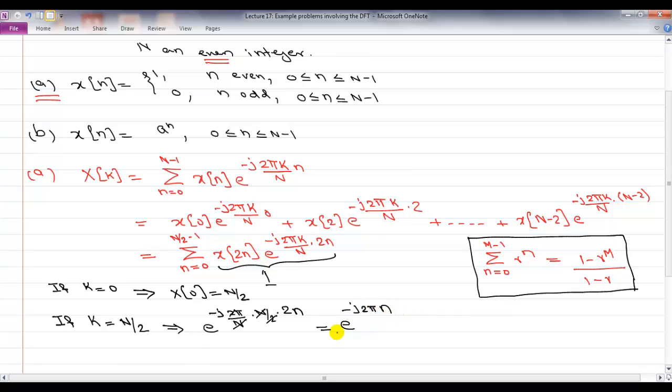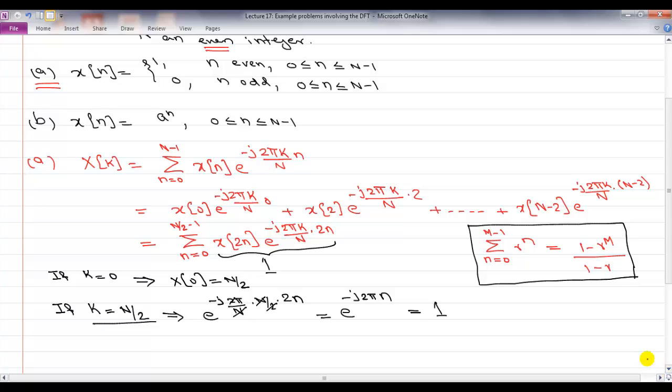So for k equal to N by 2, each of the terms inside the summation is e to the minus j 2 pi n, which is simply equal to 1, using Euler's identity: an even multiple of pi gives 1. So for k equal to N by 2, you also have N by 2 terms of 1, so X of N by 2 equals N by 2.